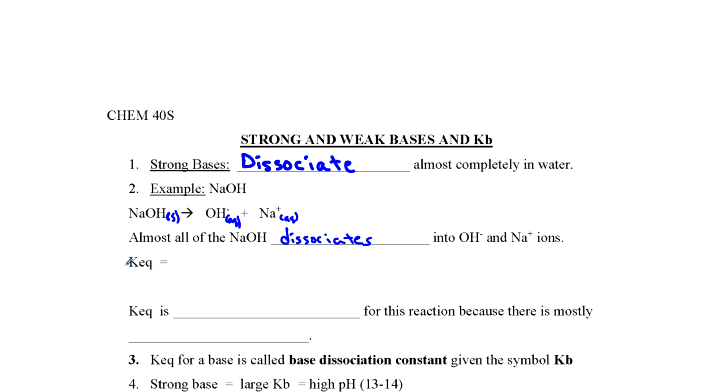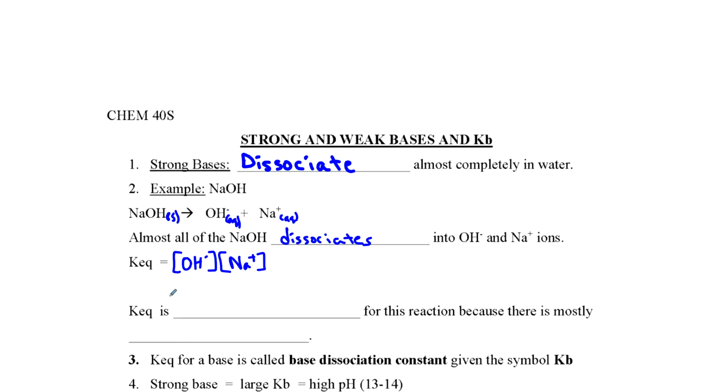We started with Keq, then we looked at Kw, Ka, and now we're going to look at Kb. If we're just looking at how we would express it for Keq, the only two that we would express here are the ions, because the sodium hydroxide is a solid, so its concentration doesn't change. So I would put the concentration of OH negative multiplied by the concentration of Na plus.